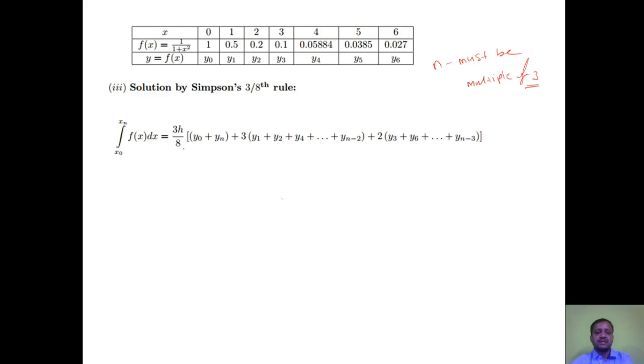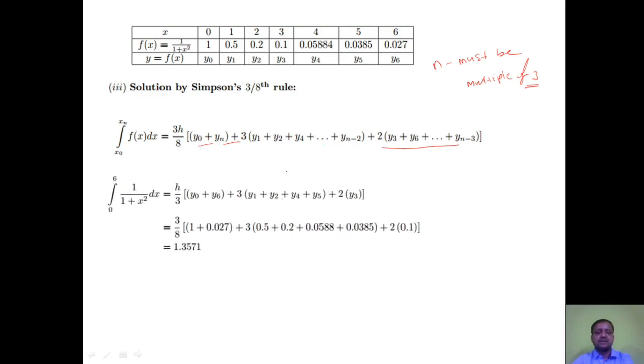The formula is 3h by 8 times first term plus last term plus 2 into index multiple of 3 plus 3 into remaining terms. Substitute the values and simplify, and you will get this.